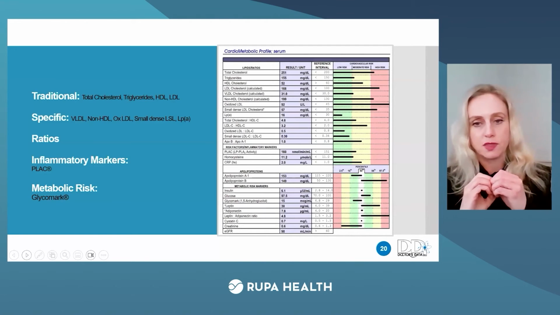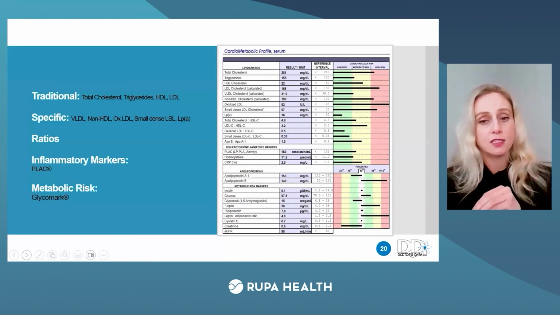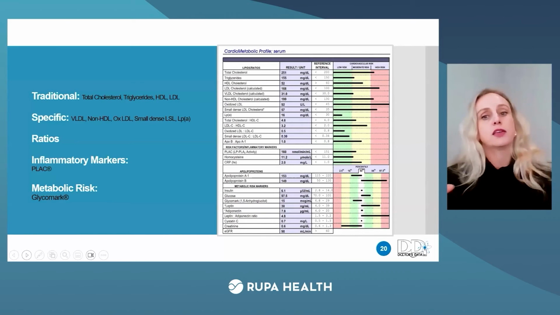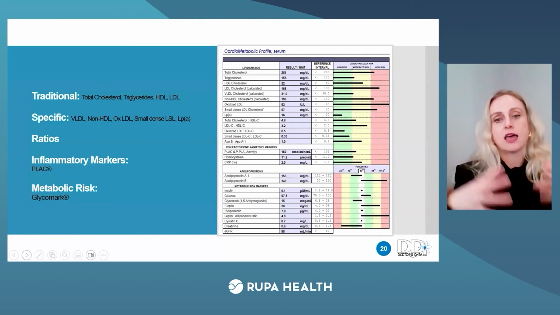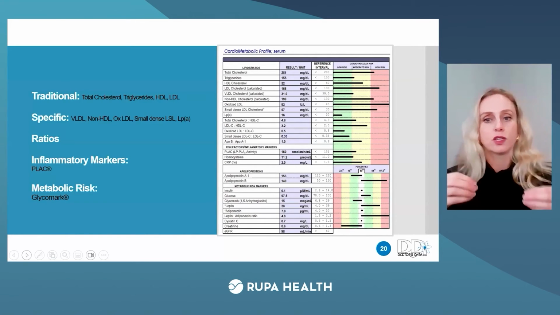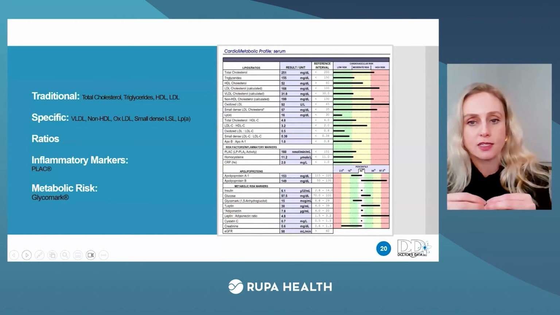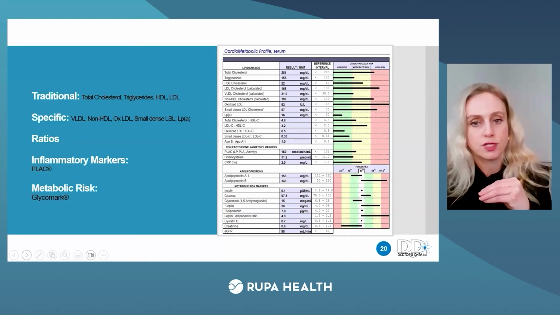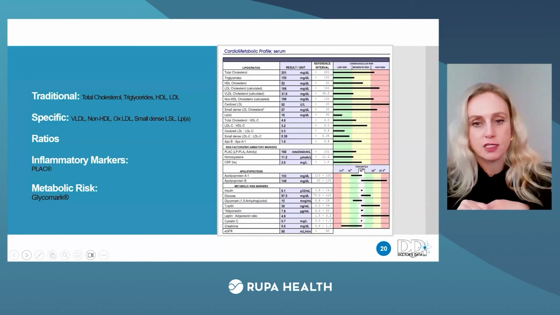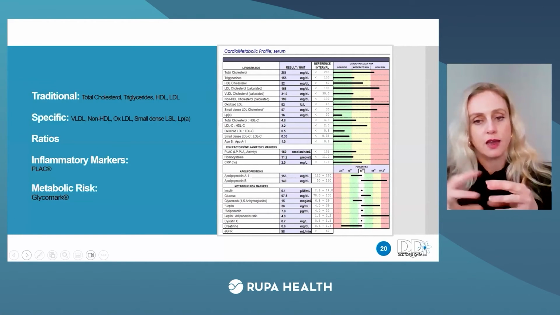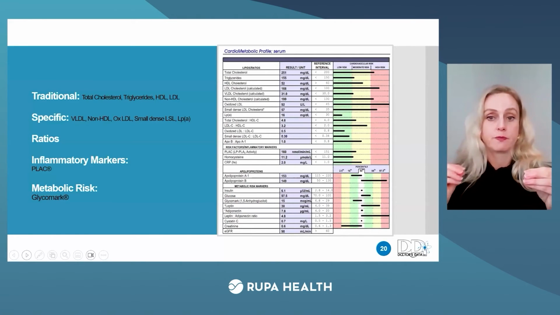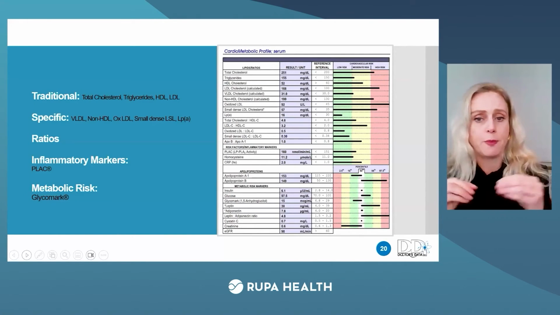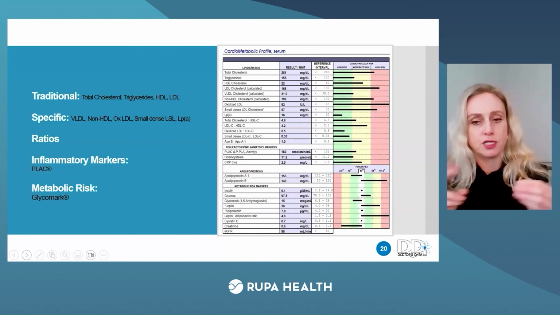You know that, you're familiar with that. Oxidized LDL to LDL. So that's really important because of how much of the LDL is oxidized. The oxidized LDL is a really important factor because the oxidized LDL is the one that is specifically contributing to atherosclerosis. And then small dense LDL to LDL-C. So how much of that is that small dense atherogenic information? And then the balance between apolipoprotein B and apolipoprotein A.